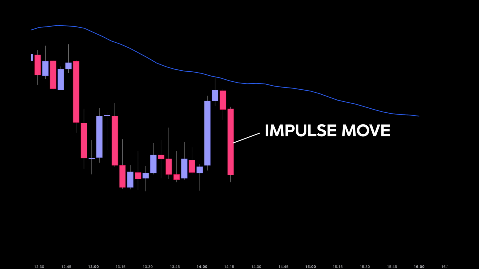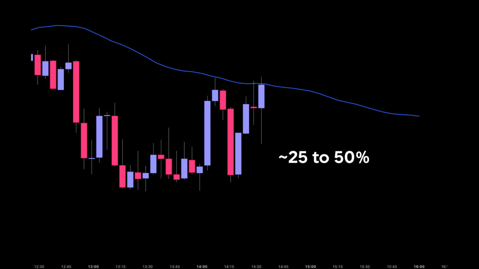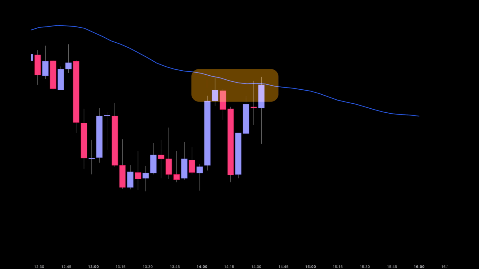After the market makes a clear impulse leg, I wait patiently for the price to pull back toward the 50 SMA line. In a strong trending market, this pullback usually retraces around 25 to 50% of that initial impulse move, and this zone, right at the retracement back toward the impulse candlestick and the 50 SMA, is exactly where high probability scalping trades live.